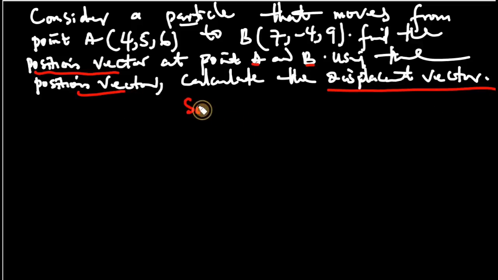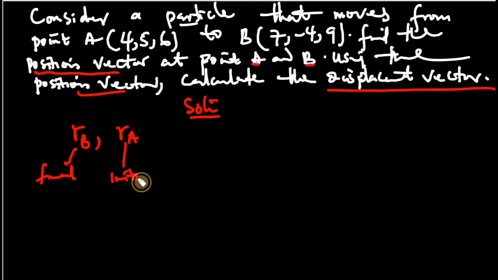So following from what we did previously, these are the positions. We have final position and we have the initial what? Position. This is final and this is initial position. Now let us bring the points. So look at the points. We have 4, 5, 6.